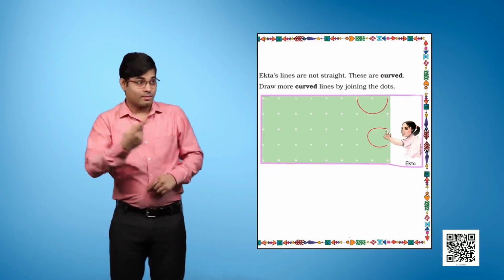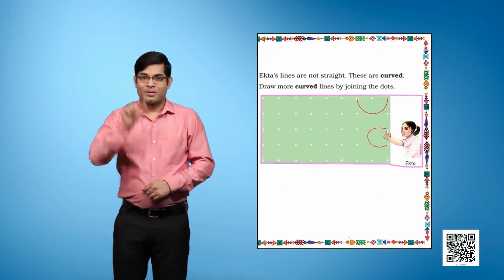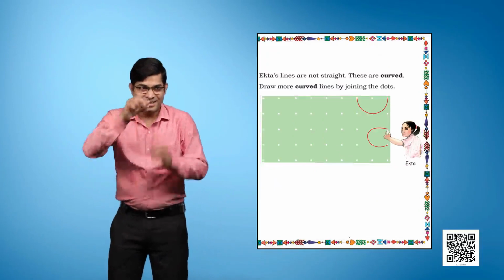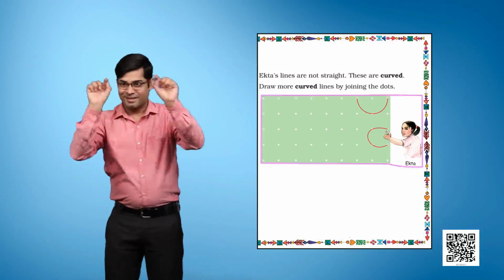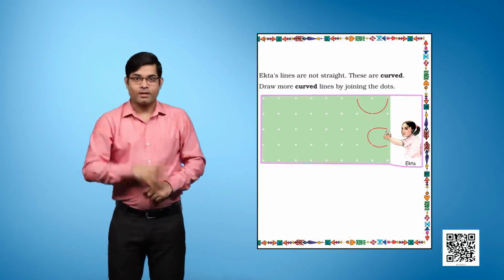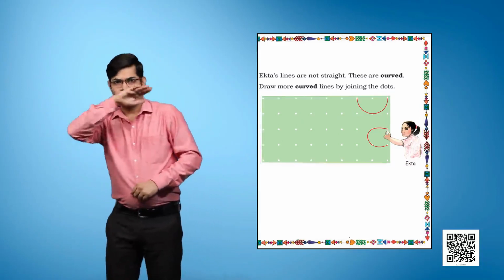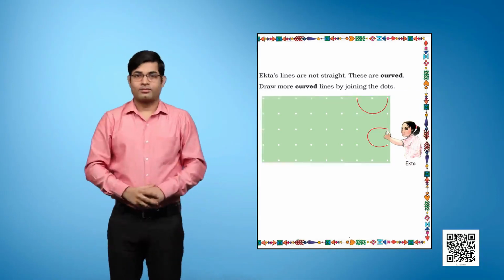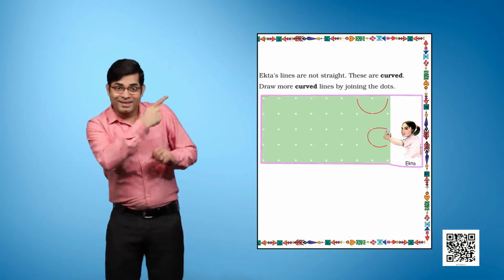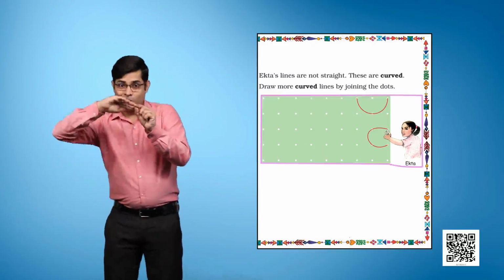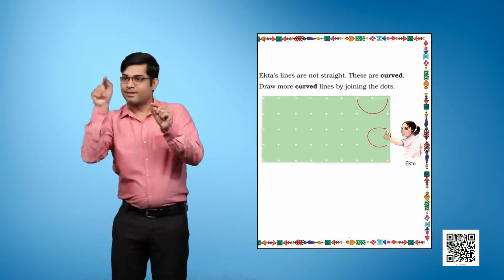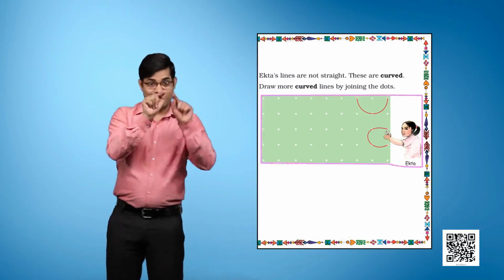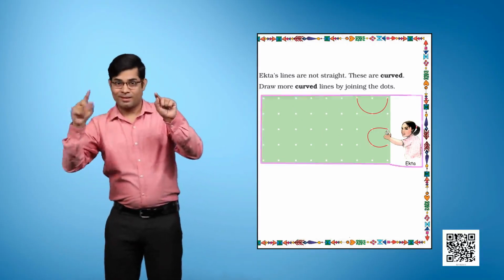Picture 5 shows a board in which some dots are drawn at equal distance in lines and columns. A semicircle is made in the top right side corner by joining 3 dots.